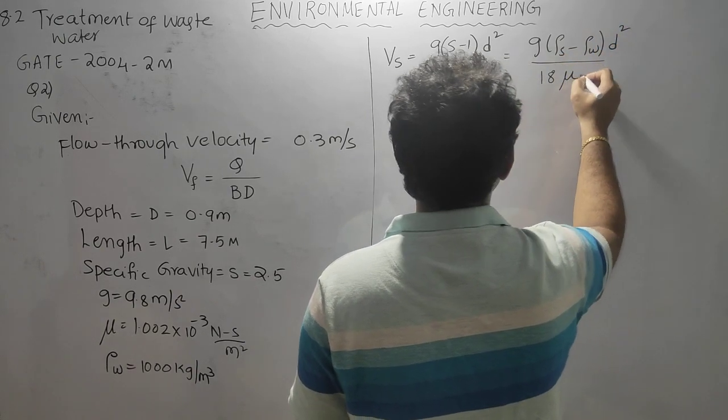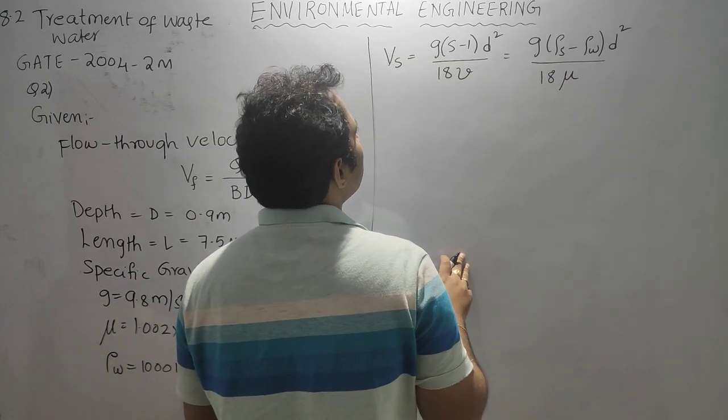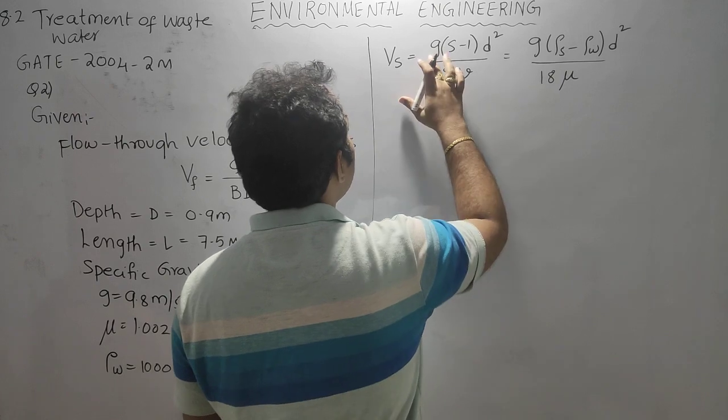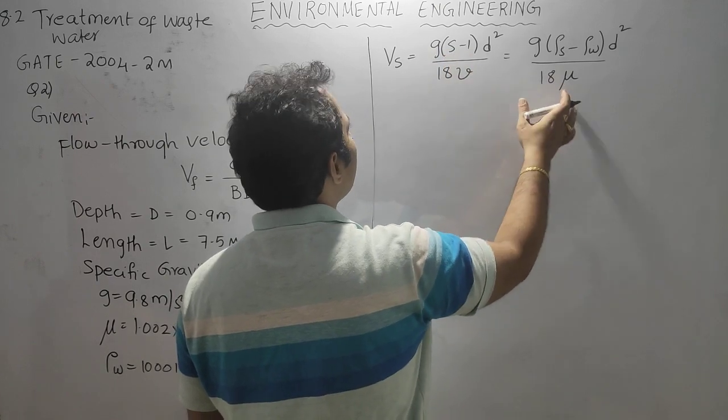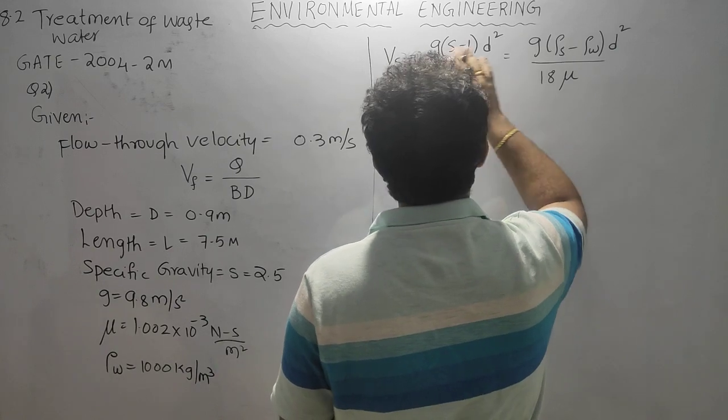We have seen this, right? Now we know g, S, nu or mu, rho W, everything. We don't know Vs, we don't know D.